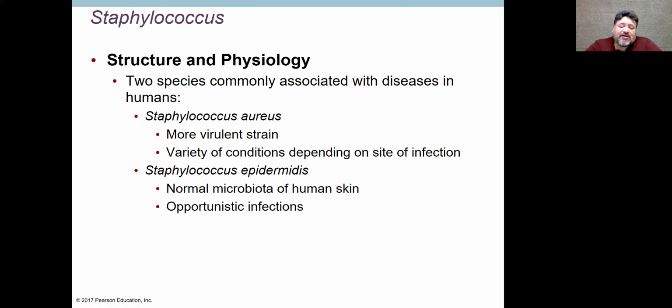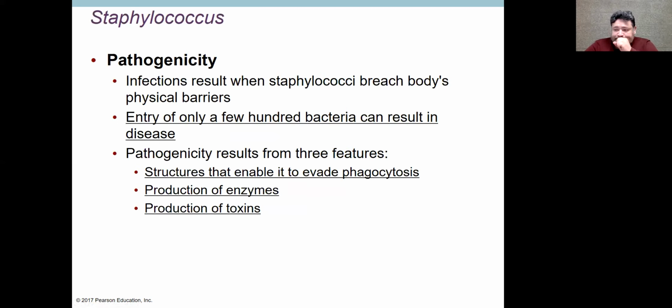However, if we become sick or we become immunocompromised or we become stressed, these are opportunistic organisms that will, given the opportunity, traverse the skin and cause disease, cause pathology in our bodies. Aureus is particularly troublesome. Your author tries to stress the fact that just a few hundred traversing the skin can cause problems.